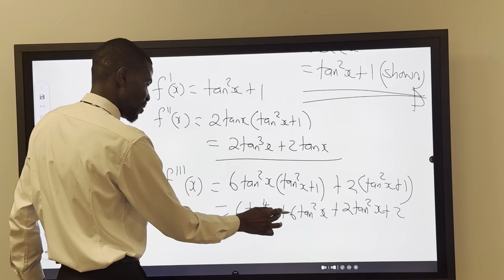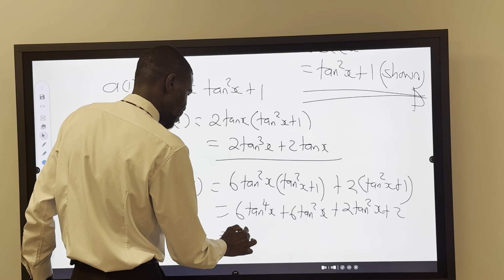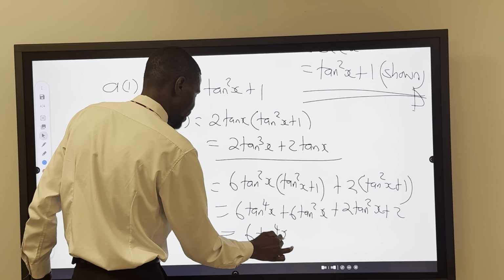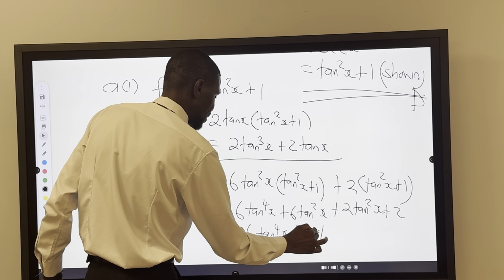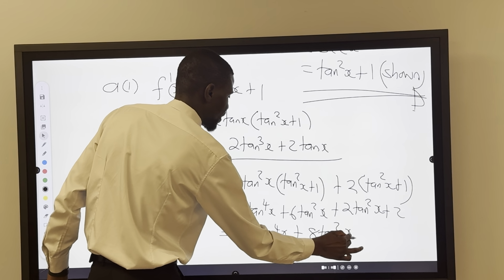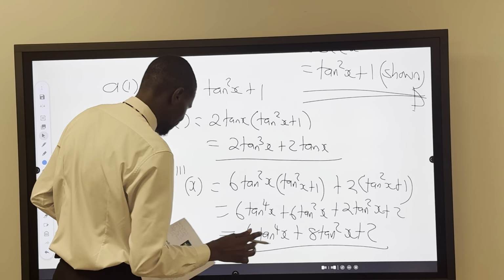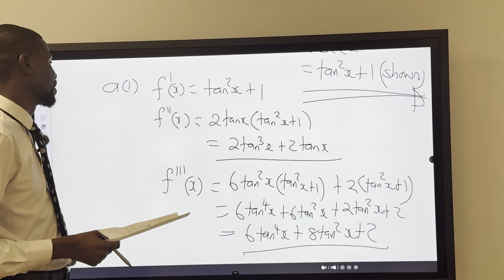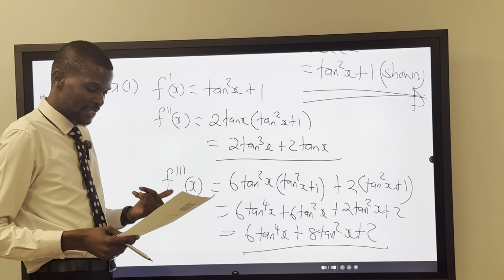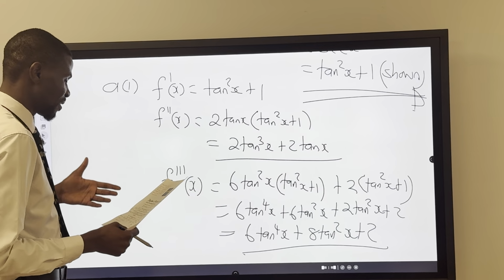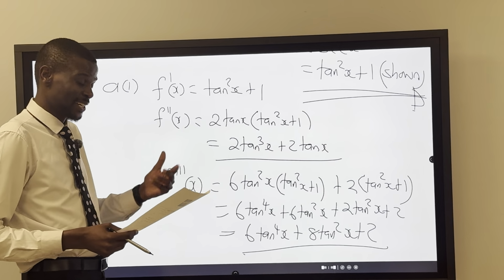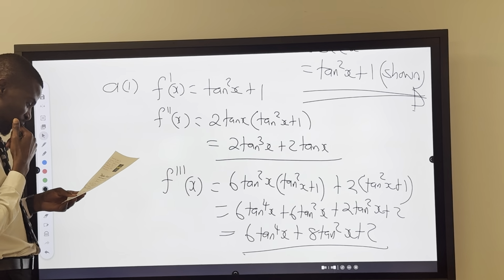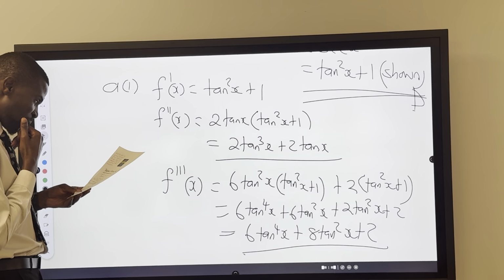Now if I combine, I will have 6 tan to the fourth x plus 8 tan squared x plus 2. So these are the first, second, and third derivatives. Okay, now we have to move on to item 2.